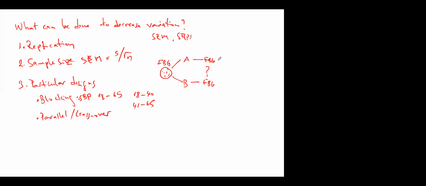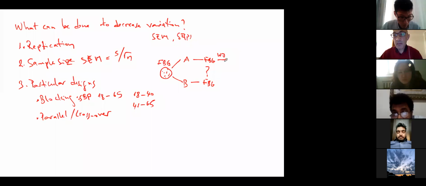But then you wait for some time, washout we call it, washout. You wait for some time, okay? And then you give this group the medication B. And you make another measurement of fasting blood glucose.